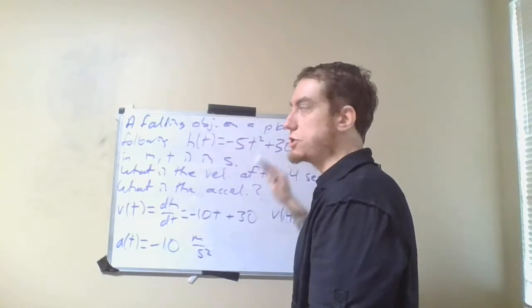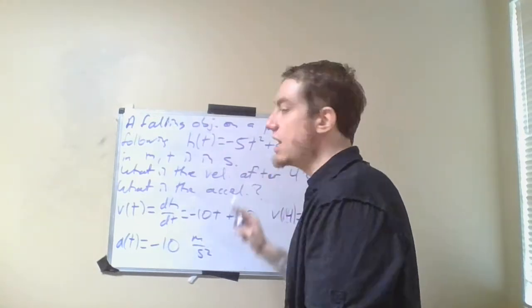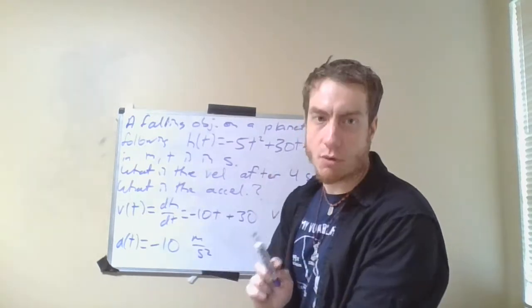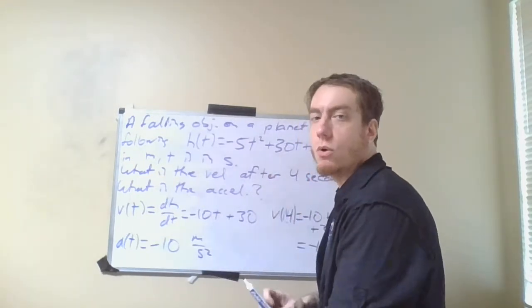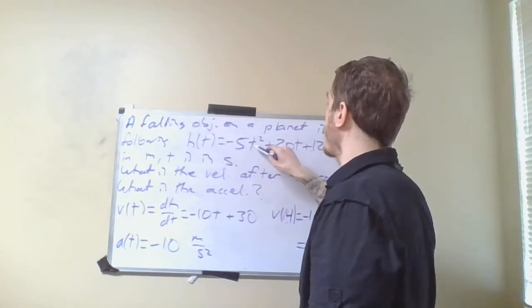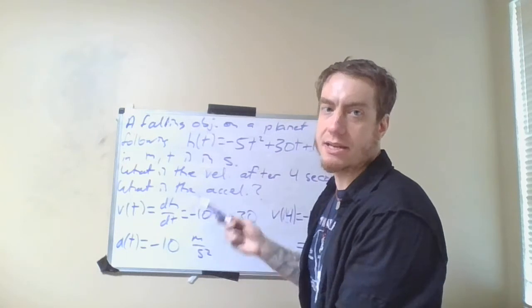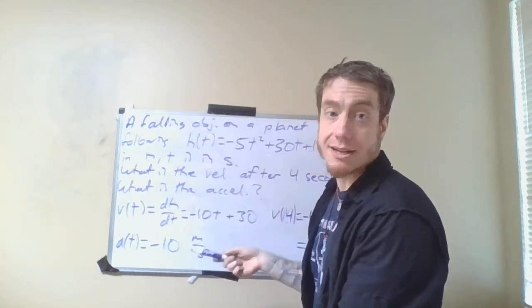If I started with a degree 2 and I take a derivative, that gives me degree 1. Taking a second derivative brings me down to degree 0, which is a constant. So anything that is following a quadratic path, if their position function is quadratic in time, it's undergoing constant acceleration.